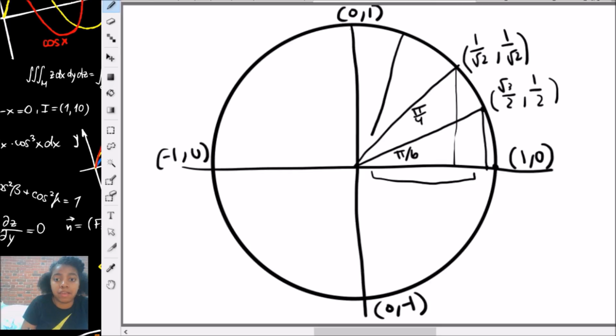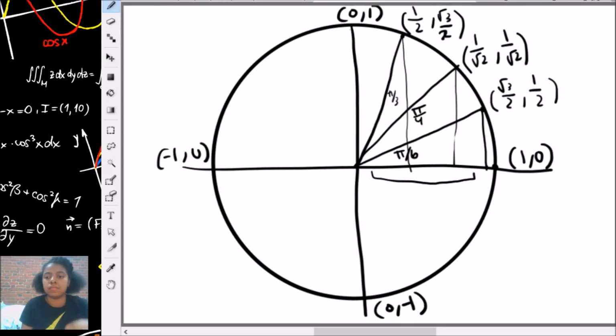And for pi over 3, the adjacent is going to be smaller, so it's 1 over 2, and our opposite, our y value, is going to be root 3 over 2. So that's our first quadrant.